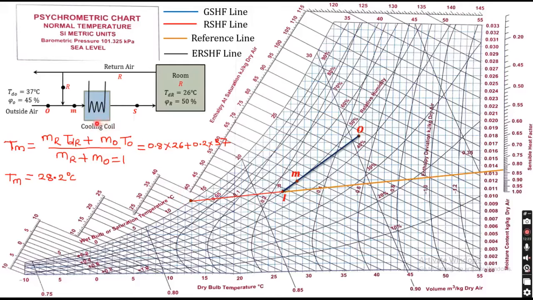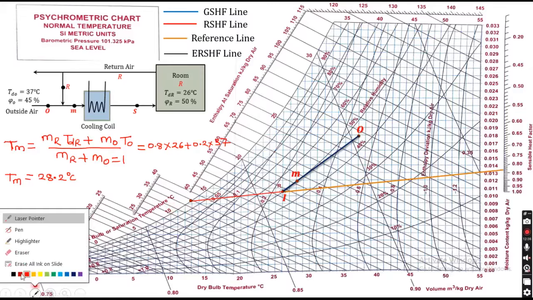So in order to find out the supply condition, we have to draw one line starting from this M point in this direction such that the bypass factor works out. Let me write the bypass factor formula first.